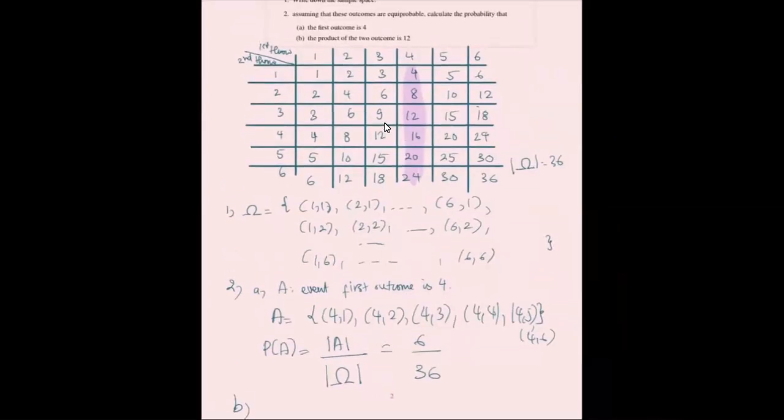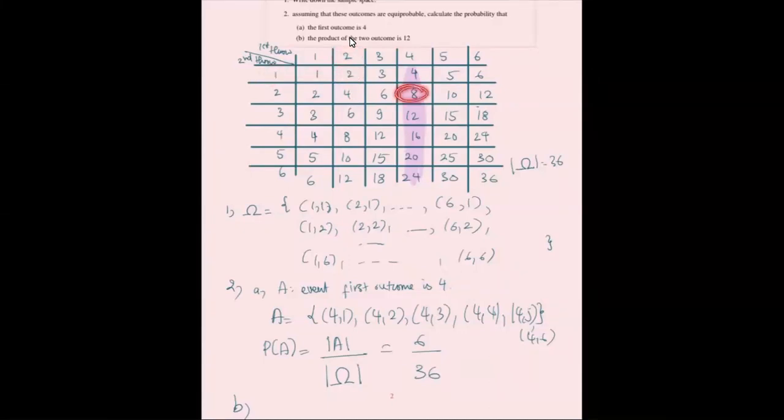Next, we want to know the probability that the product of the two outcomes is 12. So since we are interested in the product of the two outcomes, you can see that at the intersection between any row and column, the intersection is a product of my first outcome and my second outcome.